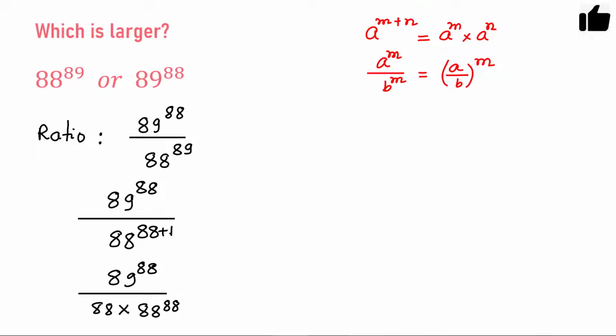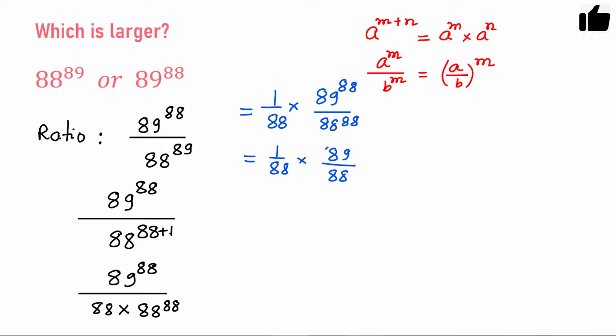So if I use this, I can rewrite this as 1 by 88 times 89 divided by 88 raised to the power 88. So this can be written as 1 by 88 times 1 plus 1 by 88 raised to the power 88.